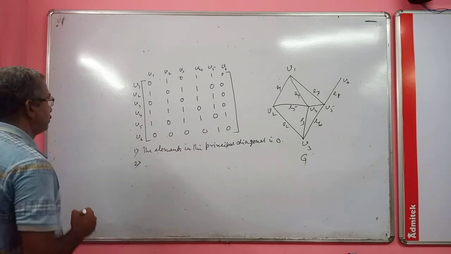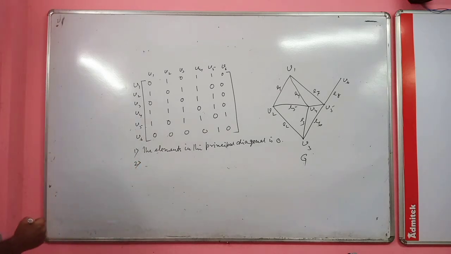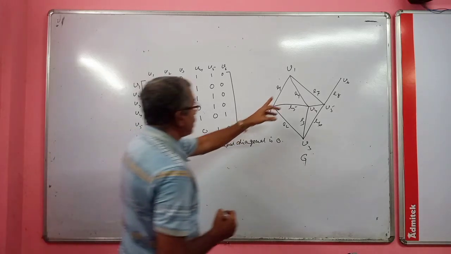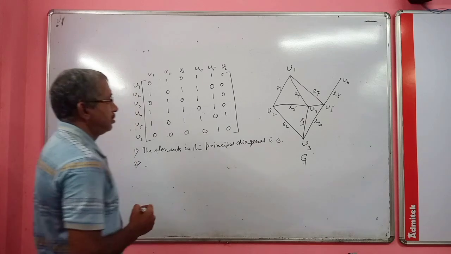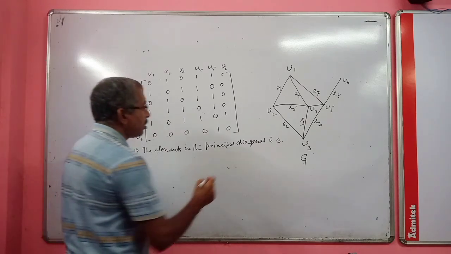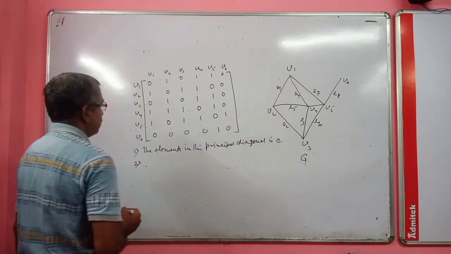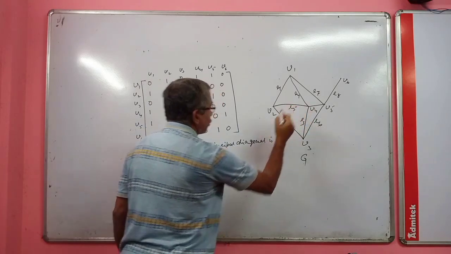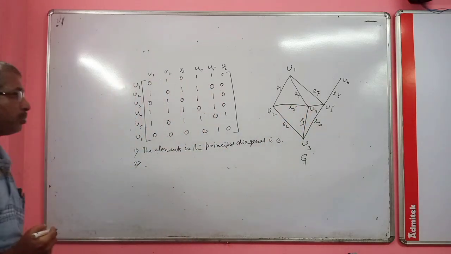Number two, what is the degree of V1? 3. What is the degree of V2? 3. What is the degree of V4? 1, 2, 3, 4. Degree of V4 is 4.